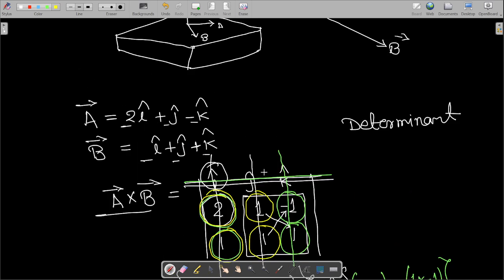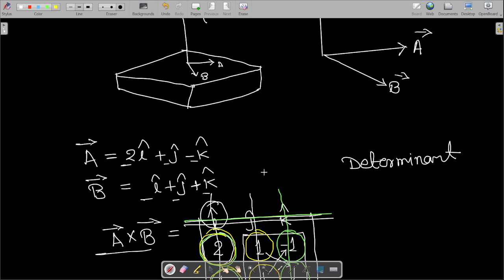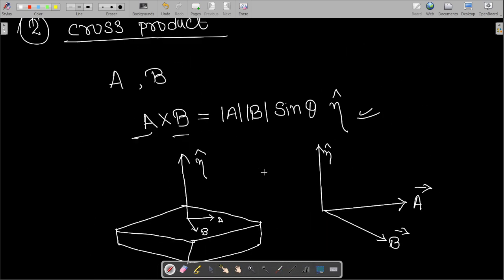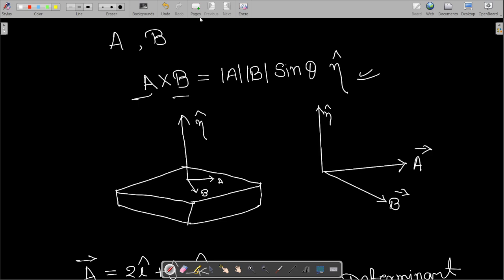Now the vector is finished. Only these two topics were left earlier. Now today we would start kinematics.